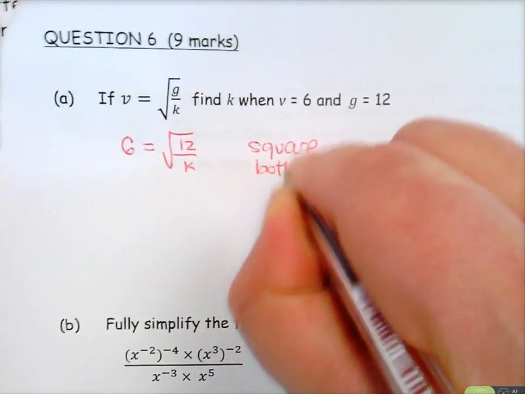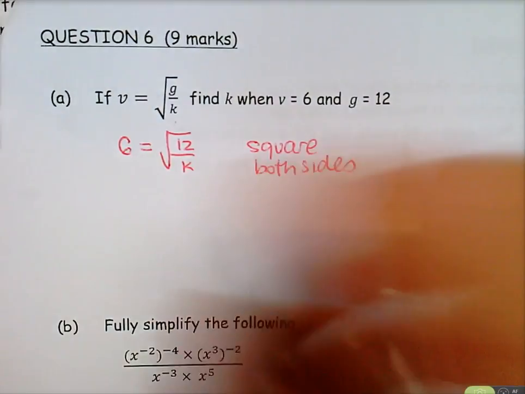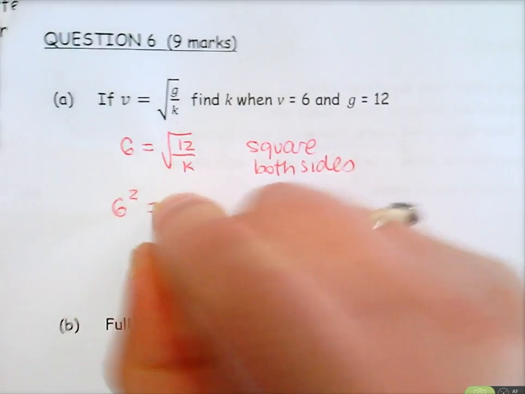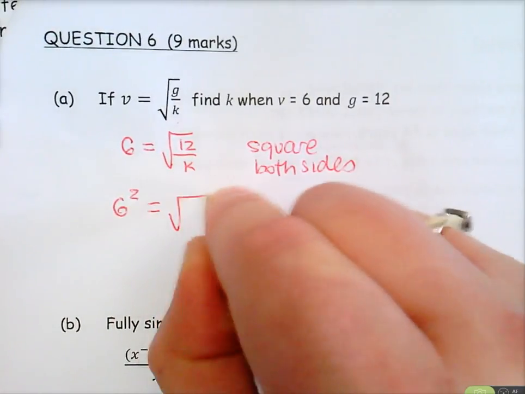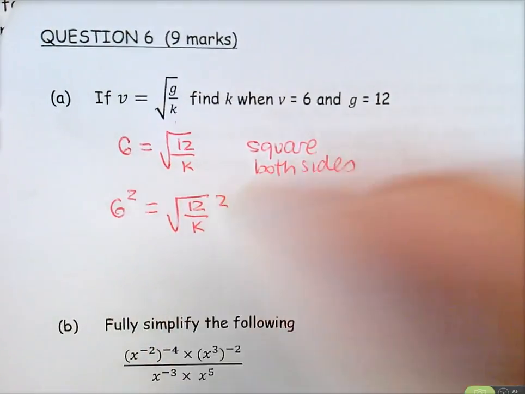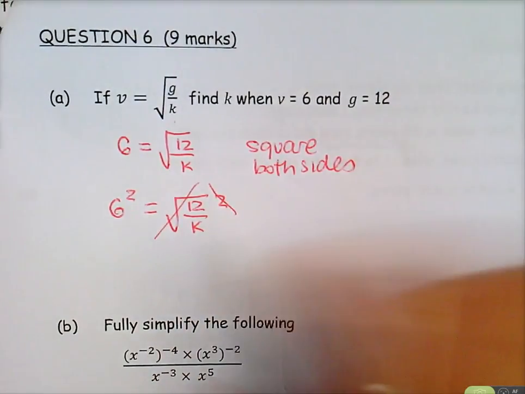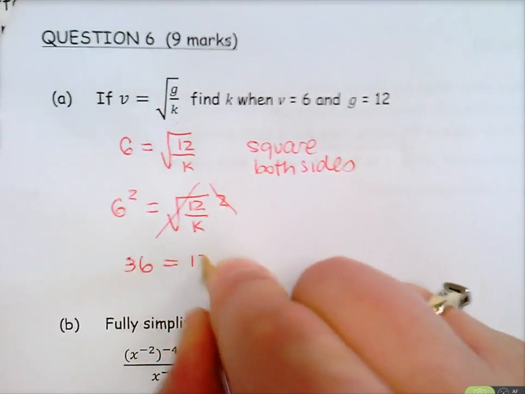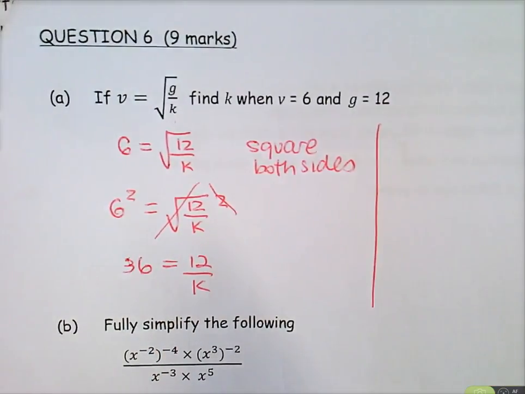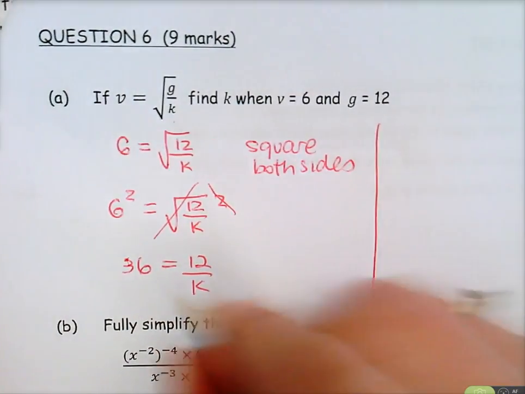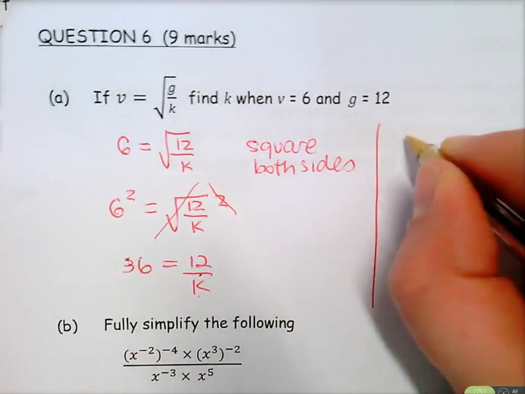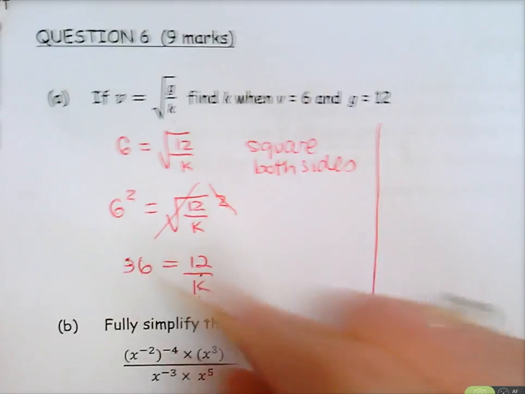So we square both sides. So 6 squared equals... I'm just putting a squared on both sides. The squared and the square root cancel, and I get 36 equals 12 on k. Now, the opposite of divide by k is times k, or you can just swap them diagonally.